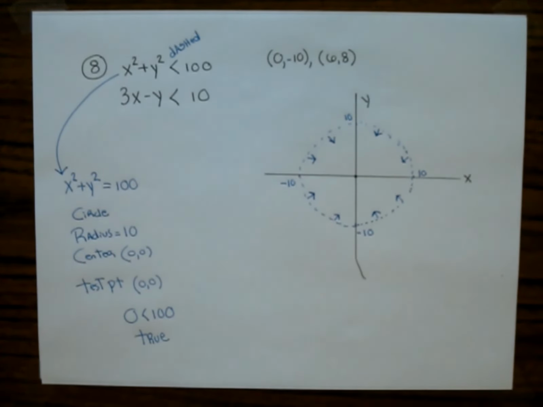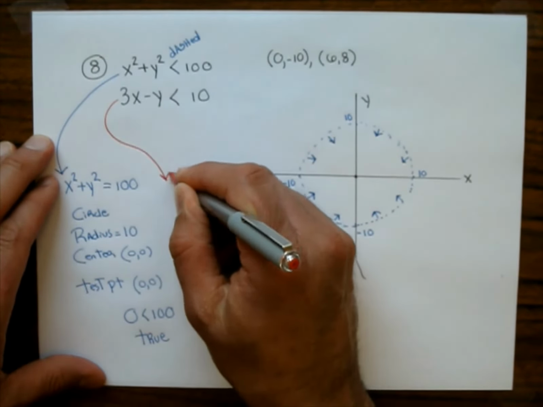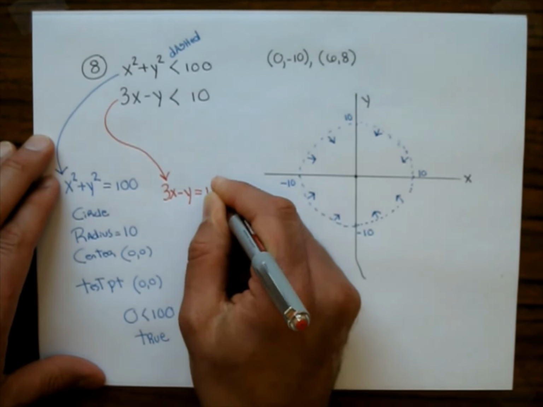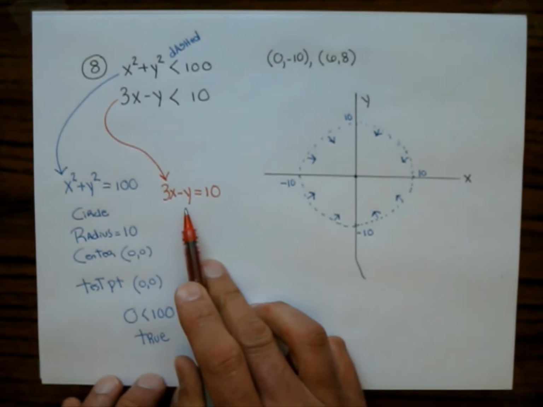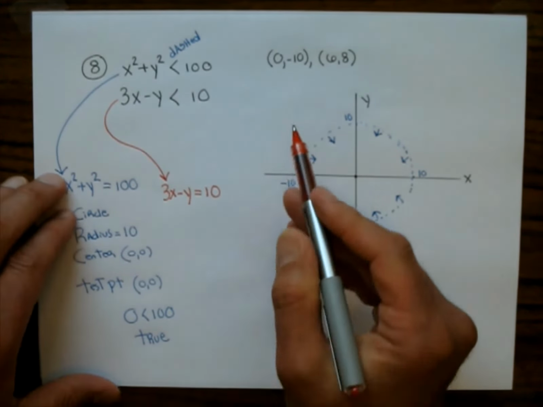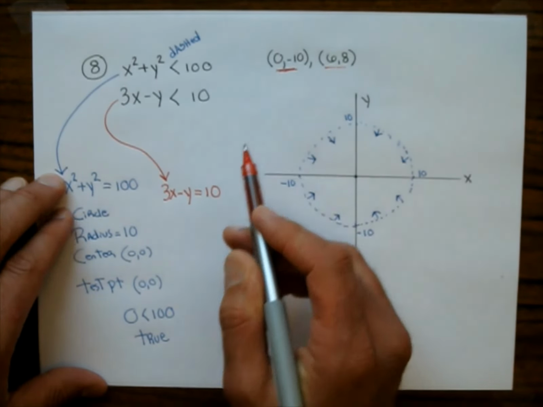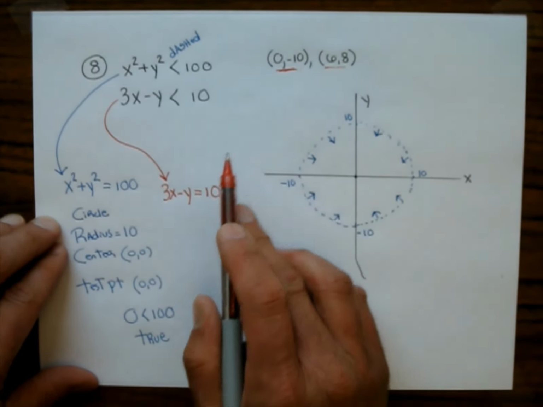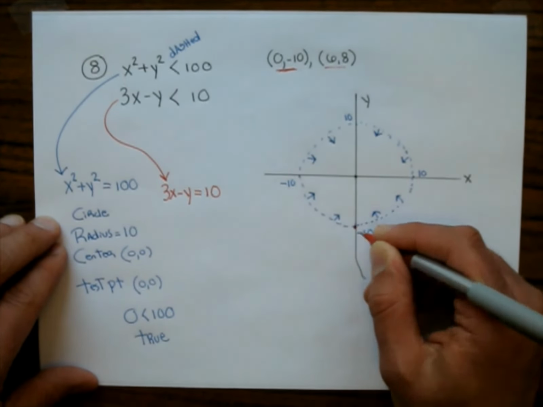Okay, now let's go ahead and do the line. Oh, I just told you what it was. This guy right here is a line because it says 3x minus y equals 10. Now here's the sweet part. We can go ahead and do the slope and the intercept, but we got from the last problem that those 2 points were common to both of these graphs. And you can see, if you found the y-intercept, you set x equals 0, you'd get this point right here.